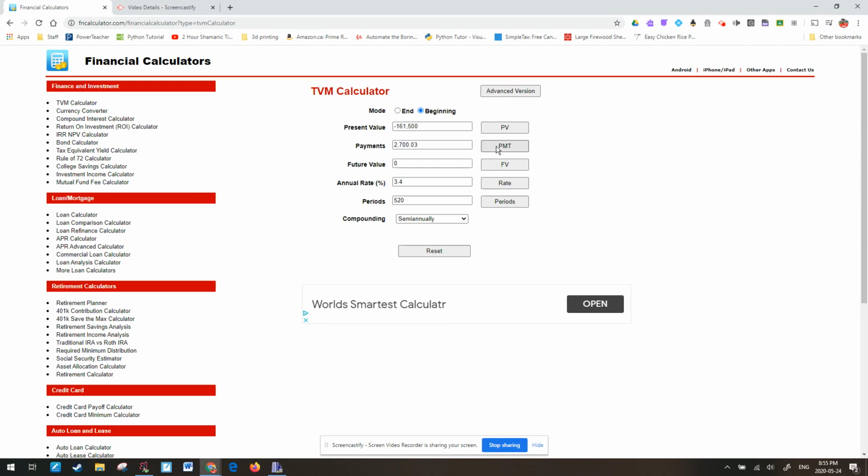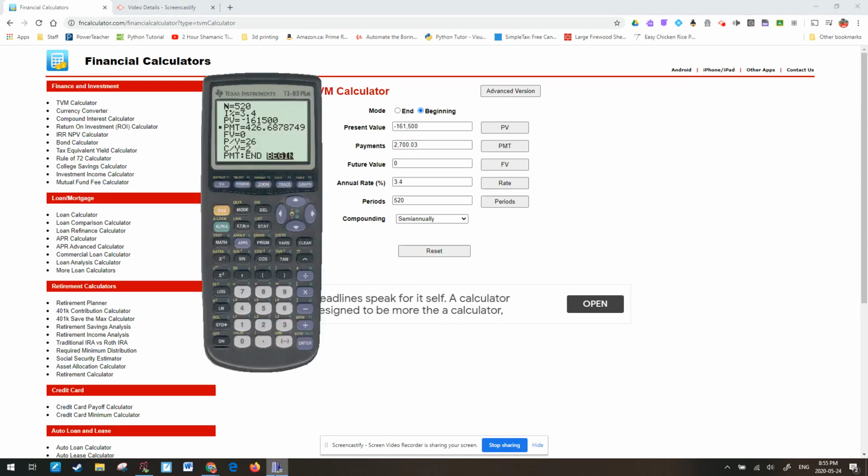But when I click here, it gives me this wonky 2,700, and I know that's not right. So I was like, oh, what have I done wrong? And so I go down here, and if I change this to be 26, most things default to have the same number of payments per year as the number of compounding periods per year.